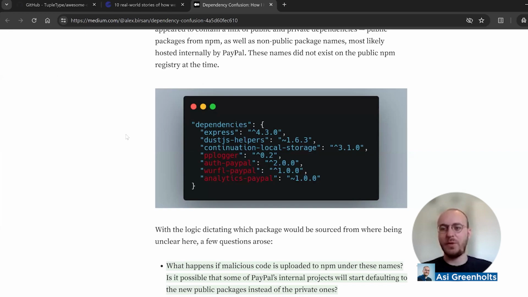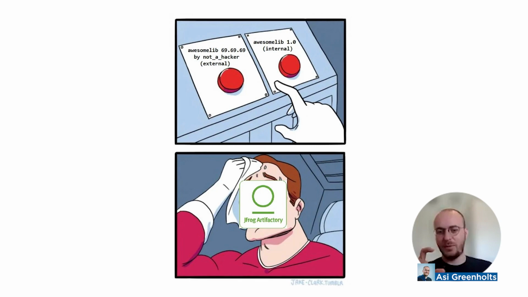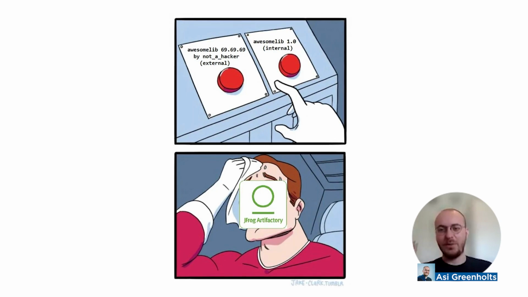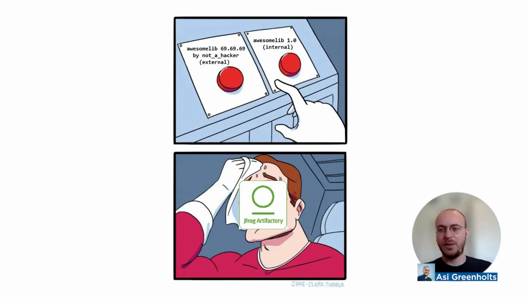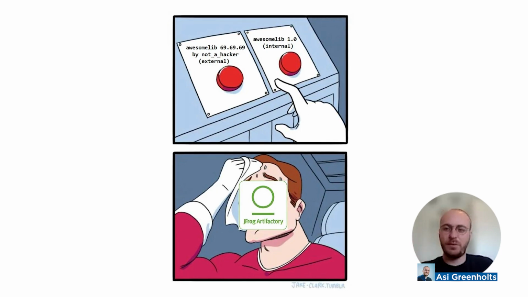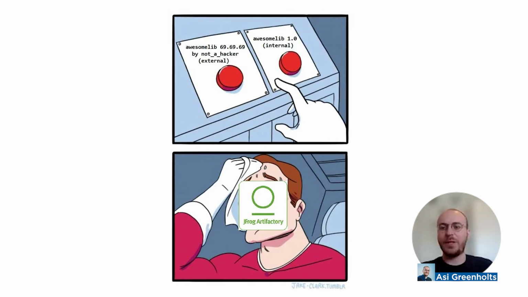It's a default configuration. So when the name of the internal package is not taken on the public registry, and the misconfigured client, which is configured by default, just someone didn't configure it correctly for the project, tries to fetch the package.